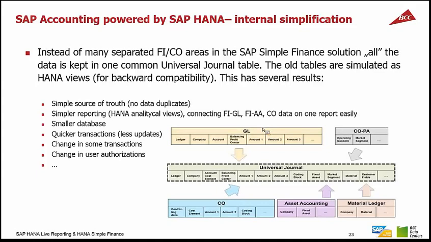For example, if you have your own Z program that reads something from the old tables, it will most probably work after the universal journal transition, because it will read data from the views instead of tables. The application server will not see much difference.